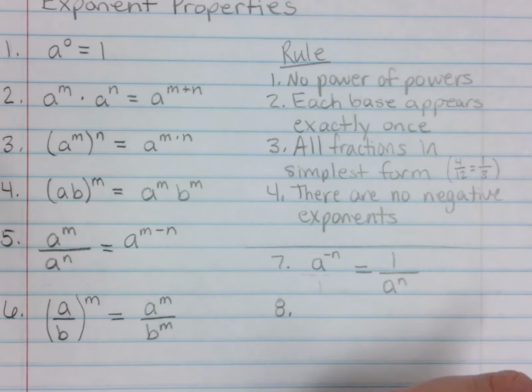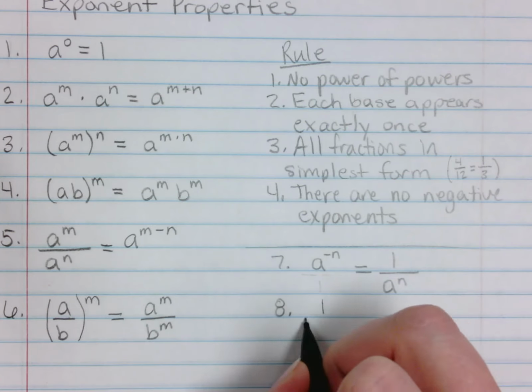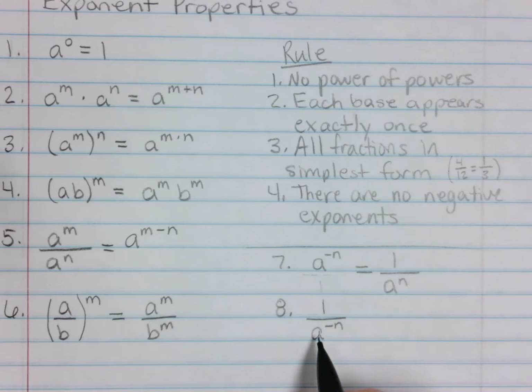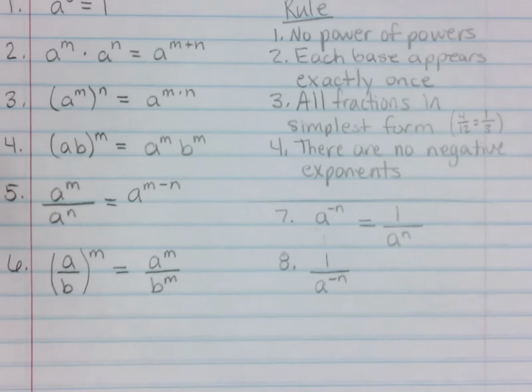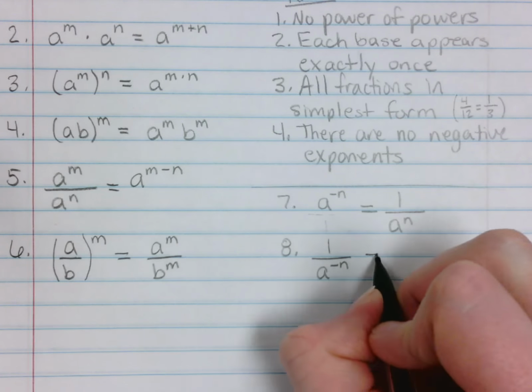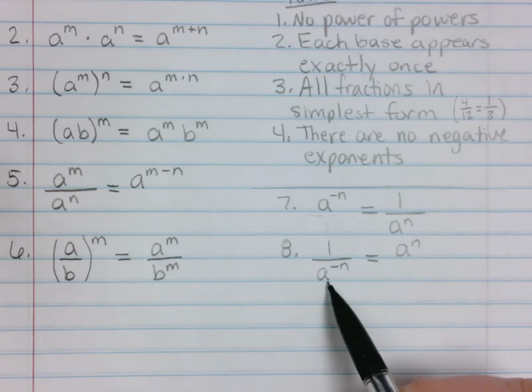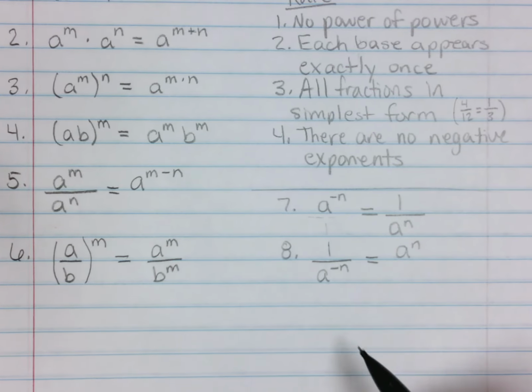Property 8 would work kind of in the reverse of that. If I have 1 over a to the negative n, if my negative exponent starts here in my fraction, then that would become a to the positive n. Again, just kind of flipping that to the numerator.